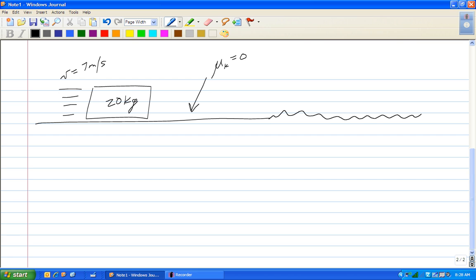It's then going to hit a rough surface where the kinetic mu is 0.4.